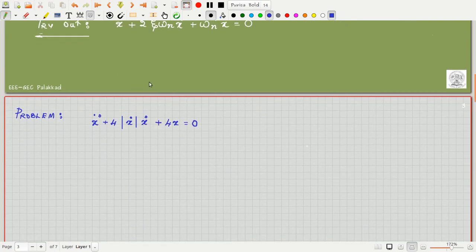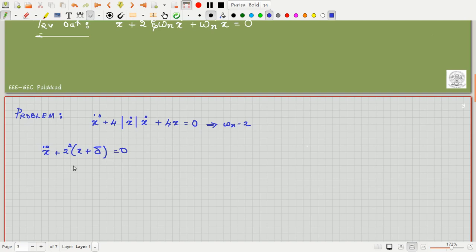So how will you write this equation? I can write it in the form x double dot plus 2 squared into x plus delta, taking omega n equal to 2. Delta is a function of this part.